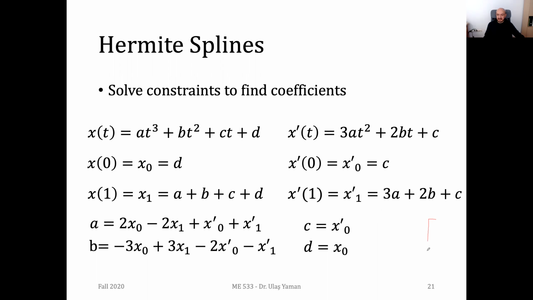Since we have the control points as our start point, end point, starting tangent, and ending tangent, by using them, if you have a matrix here, you can obtain the final spline. Any questions, guys, up to this point?